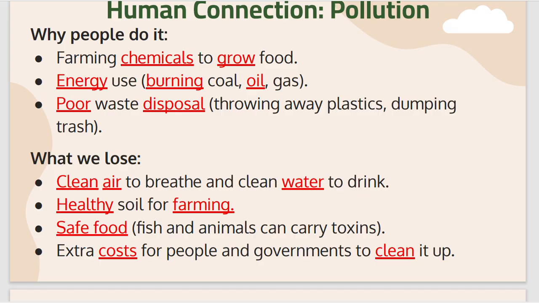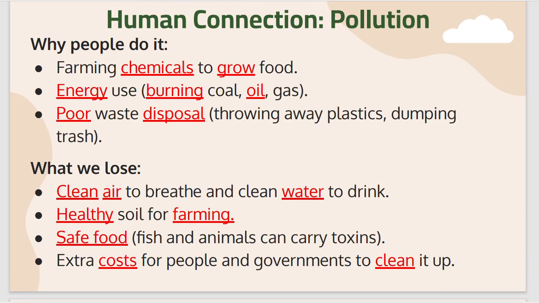So, why do people do pollution, and what can we lose from pollution? What are the consequences? So, why does pollution happen? Why do humans allow it to occur? So, pollution can occur from farming chemicals to grow food. Herbicides, pesticides, insecticides, all of these are chemicals that help crops survive against pests and insects and things that are trying to eat the crops.